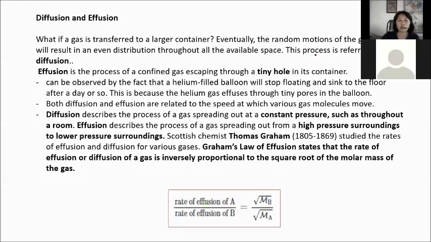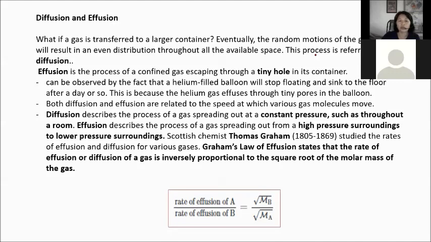And effusion is the process of a confined gas escaping through a tiny hole in its container. It can be observed by the fact that a helium-filled balloon will stop floating and sink to the floor after a day or so. This is because the helium gas effuses through tiny pores of that balloon.